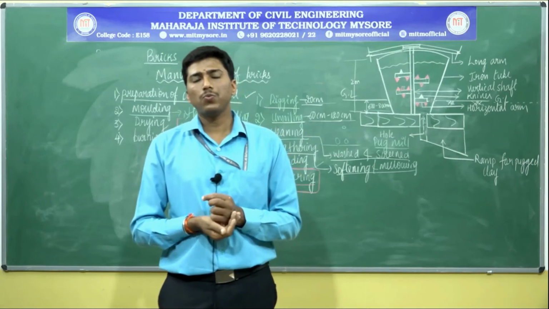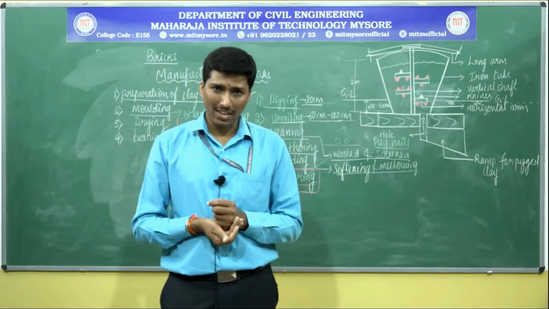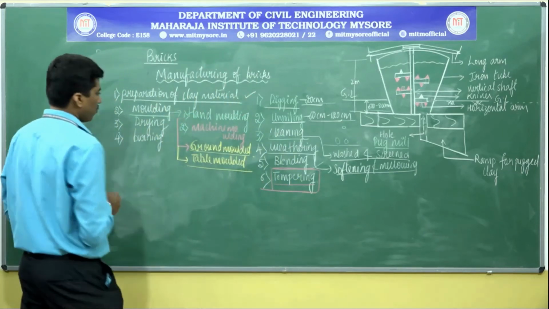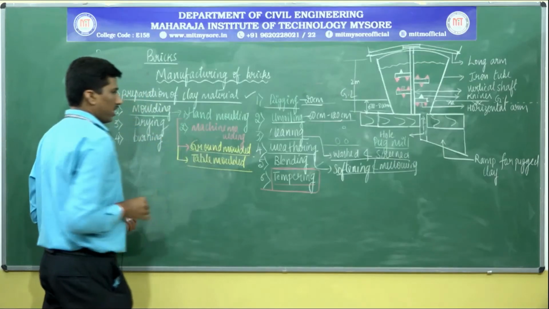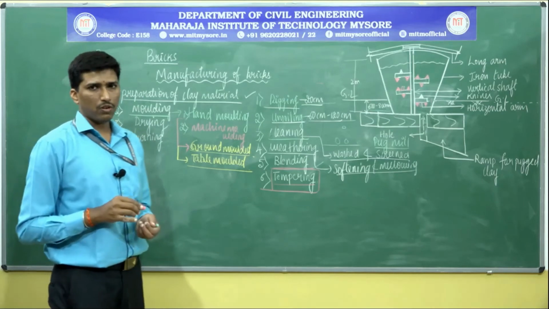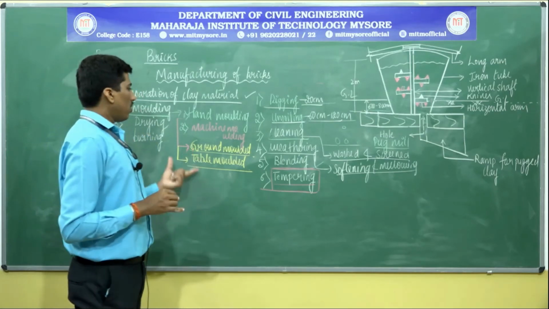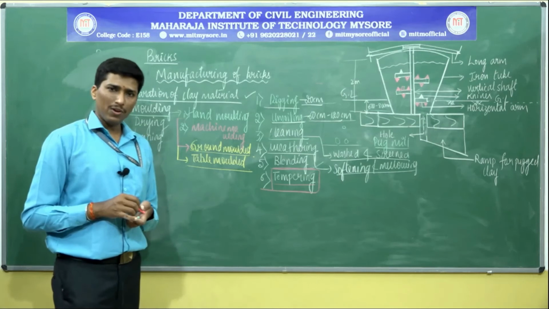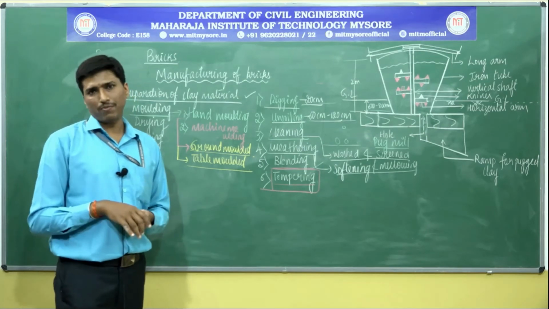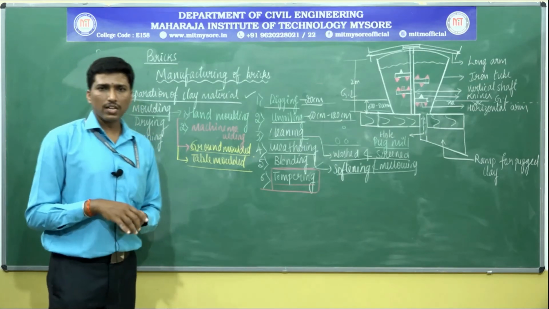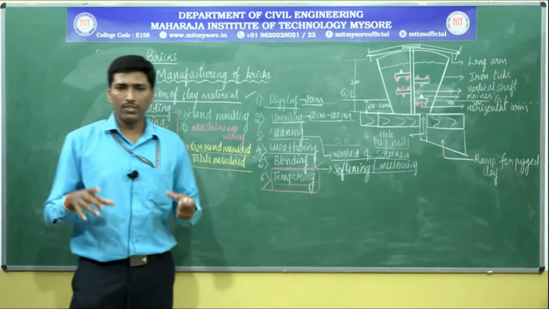They are provided to get a better shape and size. Similarly, here also ground moulding is done through the labor's work. Where the bricks are moulded on the ground itself. What does it consist of? Mainly the mould casings are provided.